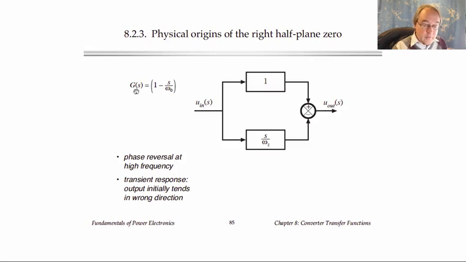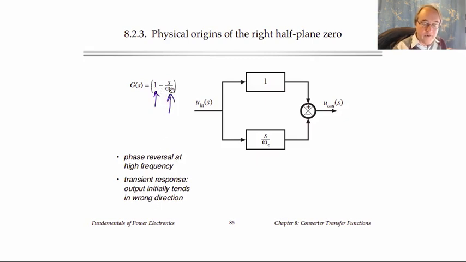One way to view the right half plane zero is this: at low frequency the 1 dominates over the s over omega zero term, and so the transfer function is 1, which is positive. On the other hand, at high frequency, where s over omega zero has magnitude substantially greater than 1, then this term dominates, and there's a minus sign involved.